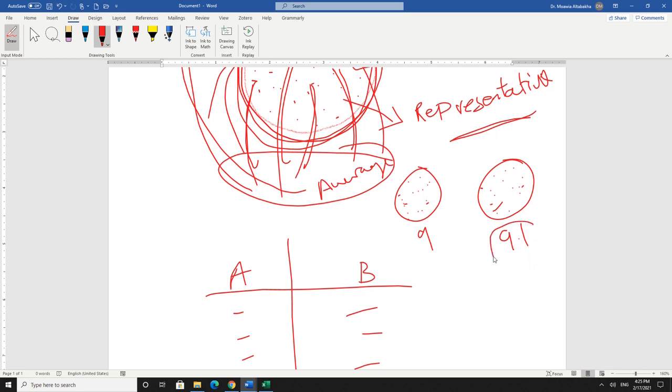I will go for this one directly, because 9.1 represents the whole class, its true value, and 9 represents the whole class, which is a true value. So here I'm comparing two true values. Yes, the difference is very small, it's 0.1, but is there a difference? Yes, there is a difference.